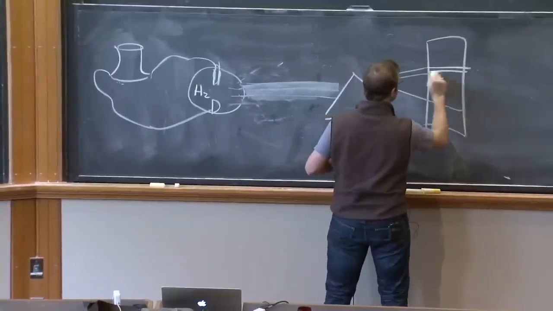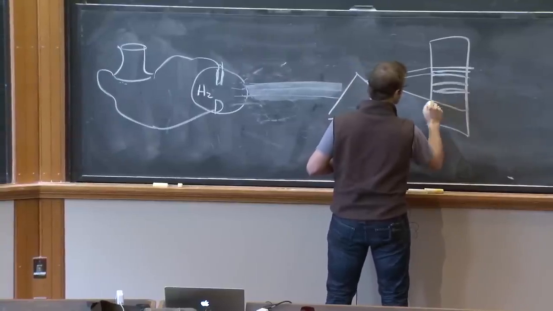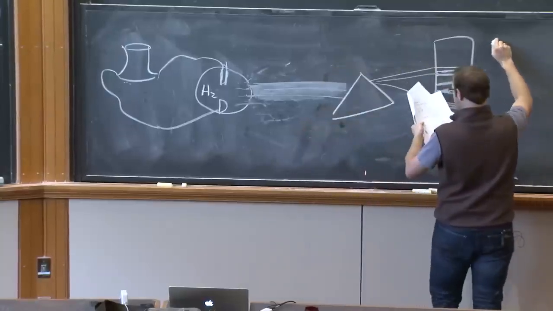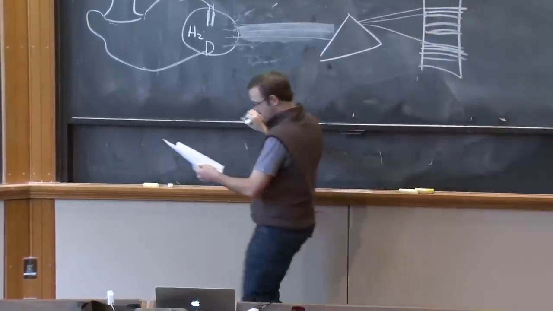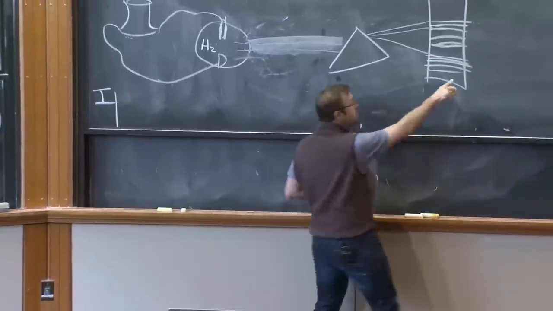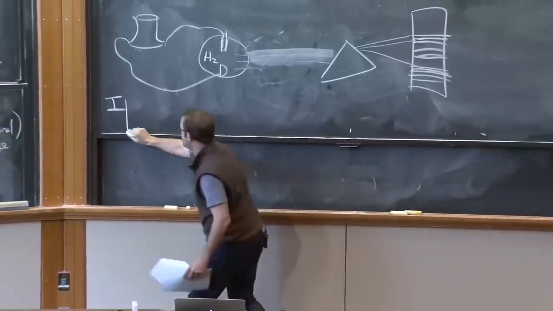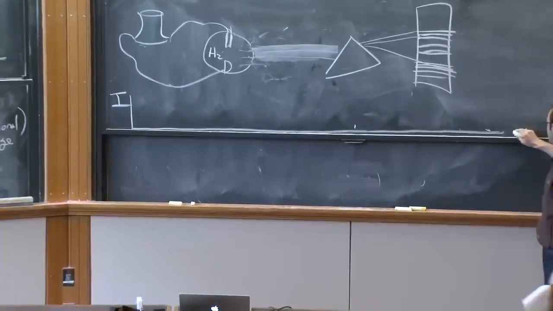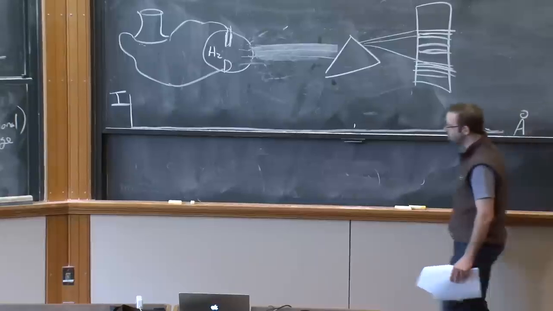What you find is a very distinct set of patterns. You do not get a continuous band. I'm going to have a hard time drawing this, so let me draw it down here. I'm going to draw the intensity of the light incident on this screen, on this piece of paper. People really used to use pieces of paper for this, which is kind of awesome. I'll plot it as a function of the wavelength, measured in angstroms.